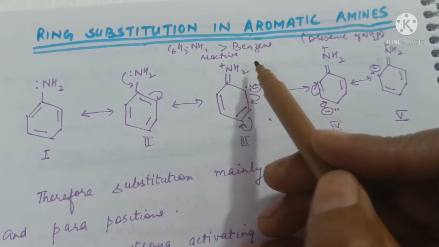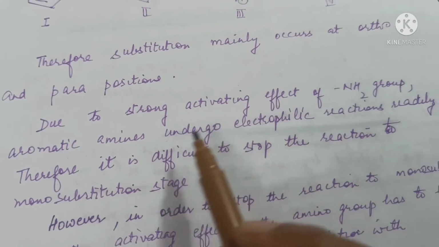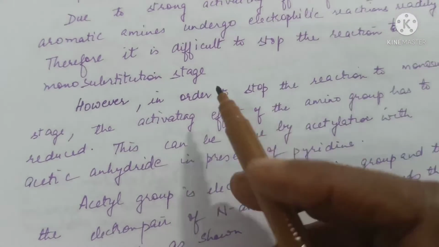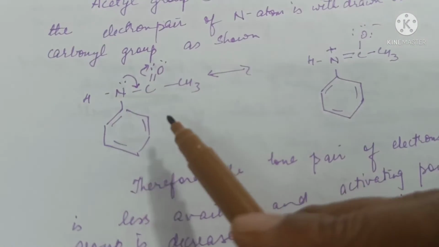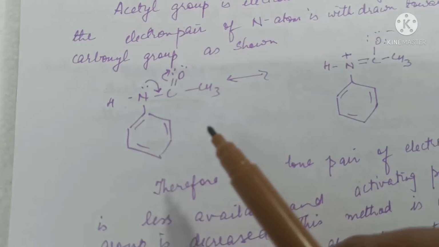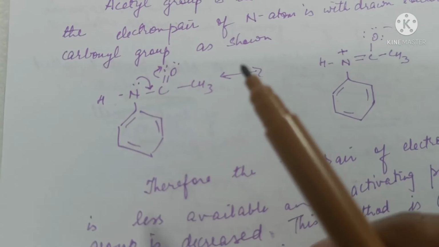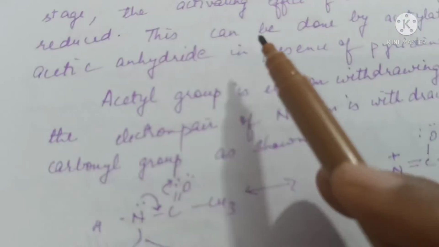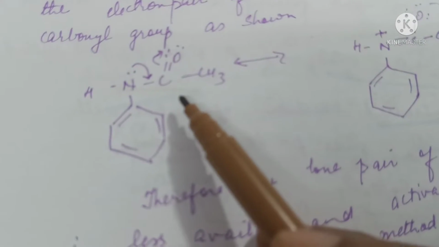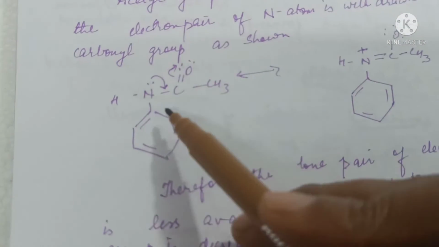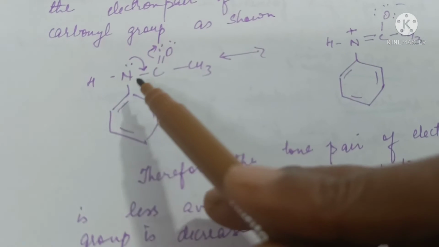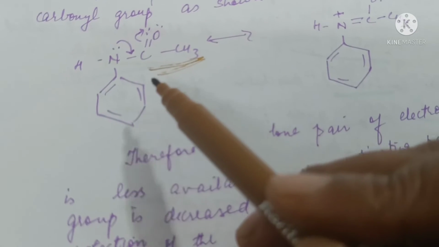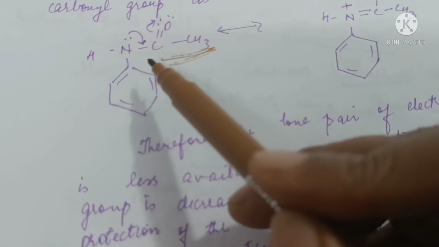Due to the strong activating influence of the amino group, aromatic amines will undergo electrophilic reactions readily, and so it's very difficult to stop the reaction at the mono-substitution stage. If we want to stop it at the mono-substitution stage, then we decrease the activation of the benzene ring by attaching an acetyl group to the nitrogen atom of the amine group.